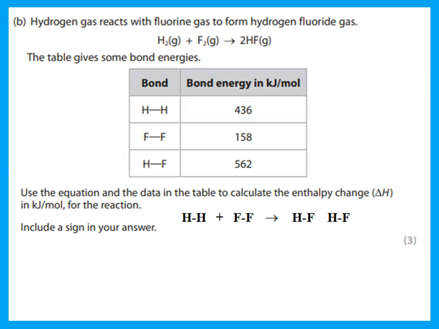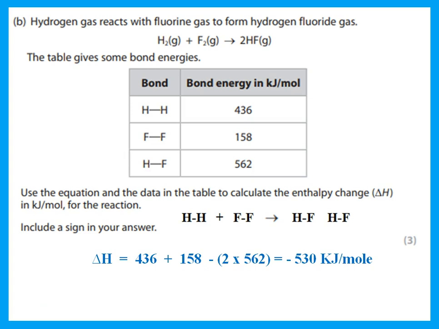And we said in order to use bond energy to get delta H, we calculate the amount of energy needed to break the bonds. This is a positive number. So to break an H-H bond, I need 436. To break an F-F bond, I need 158. And then when the 2 HF bonds form, they release energy.